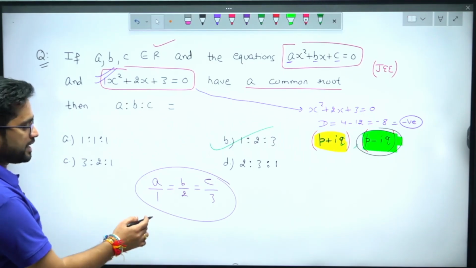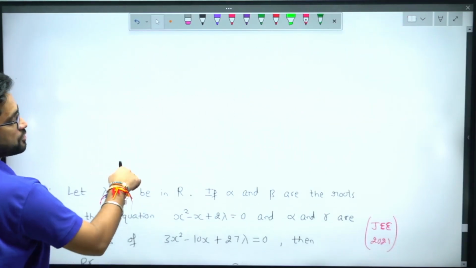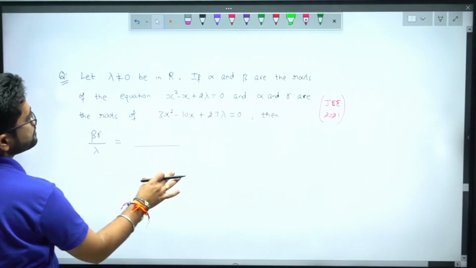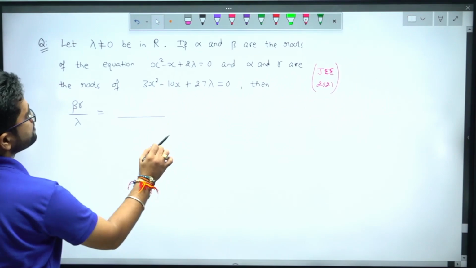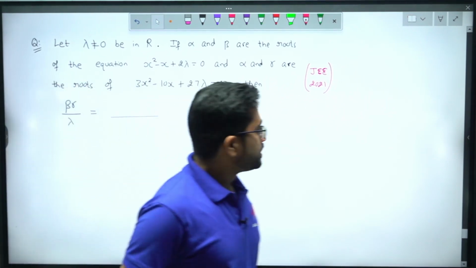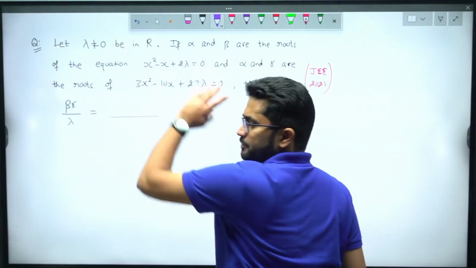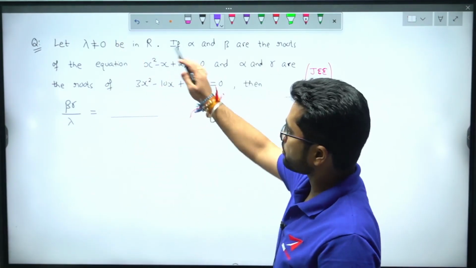Okay, let's move to the next concept, guys. One more question from JEE Mains. JEE Main 2021. Let lambda not equal to 0 be a real number.